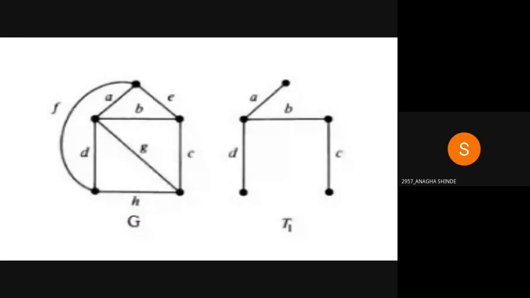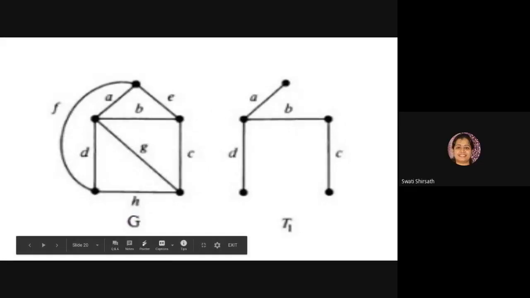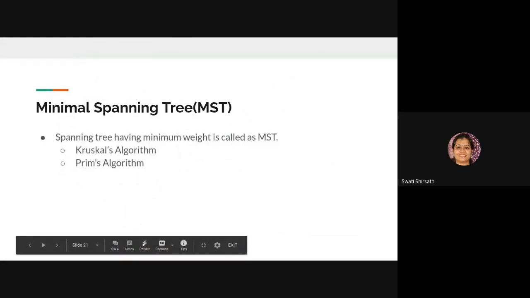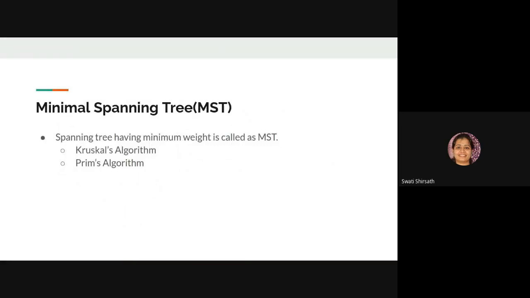Yes, ma'am. Okay, great. So the next topic, that is minimal spanning tree. Now minimal, like in graph we have seen the shortest path. It means the path which is having the minimum length. We have found such path using Dijkstra's algorithm.